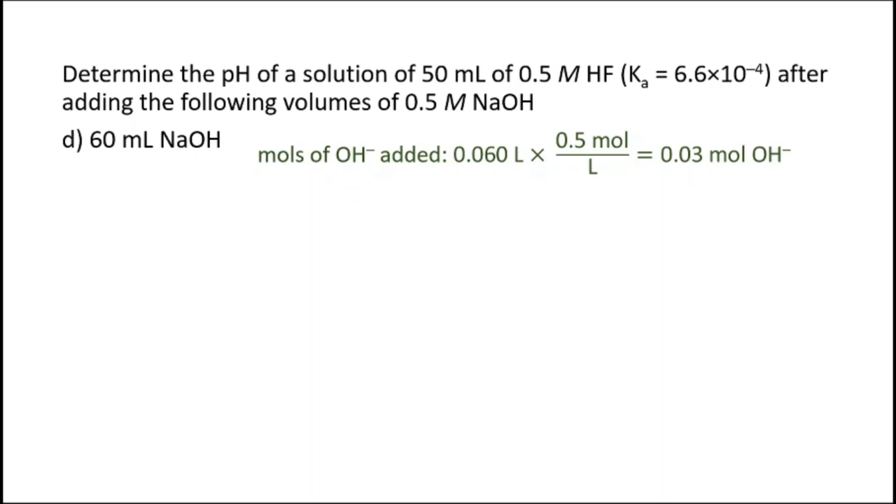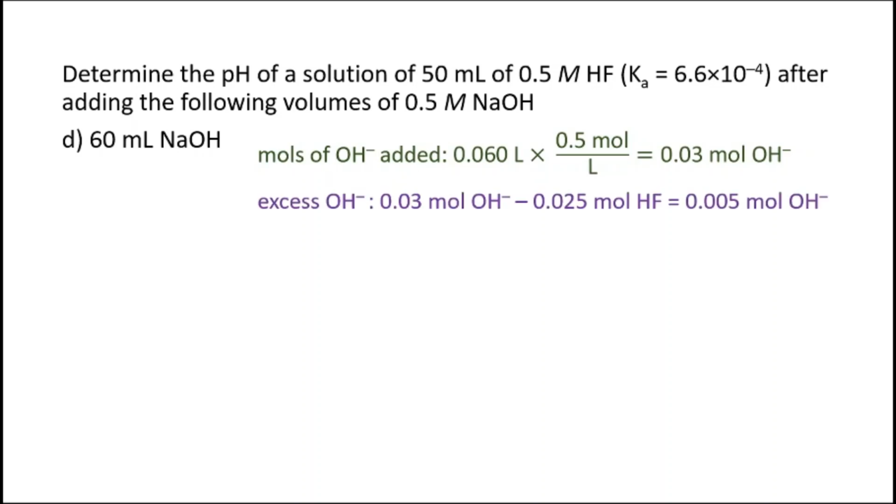But again, some of those hydroxide ions are going to react with the acid to produce water and the conjugate base. But because we have an excess of our hydroxide ions, some of those are not going to react. So 0.03 moles of our hydroxide ions is the total moles that are added, but only 0.025 moles of those hydroxide ions are actually going to react because that's all the HF we have.